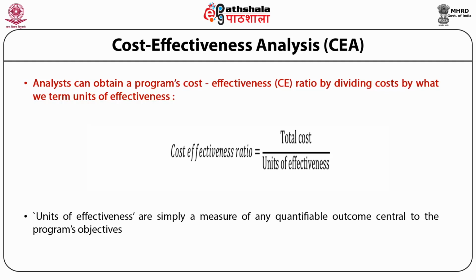So that is total cost divided by units of effectiveness, and that gives you the cost effectiveness ratio. For example, a dropout prevention program in a high school would likely consider the number of dropouts prevented to be the most important outcome.